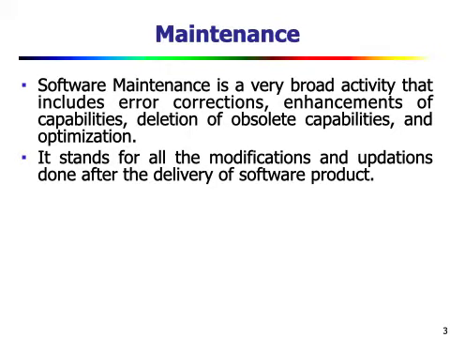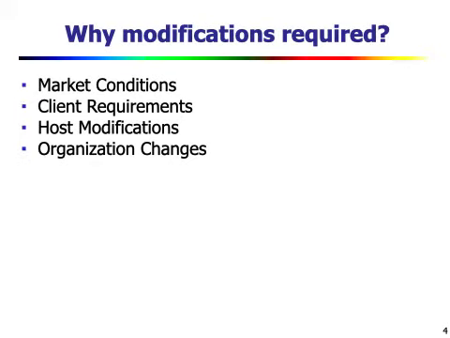So why are these modifications required by the customer? This is basically due to the market conditions, client requirements, host modifications, or organization changes. Market conditions means the policies which change over time, such as taxation and newly introduced constraints like how to maintain bookkeeping.